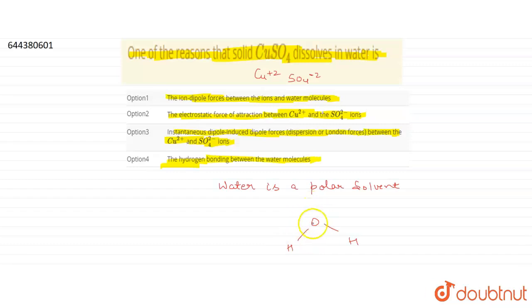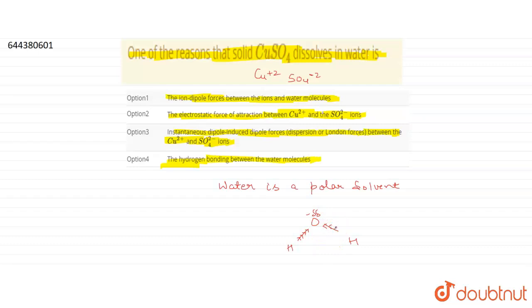Okay, we know oxygen is more electronegative than these hydrogens. So it attracts the bond electrons towards itself and gains a partially negative charge.